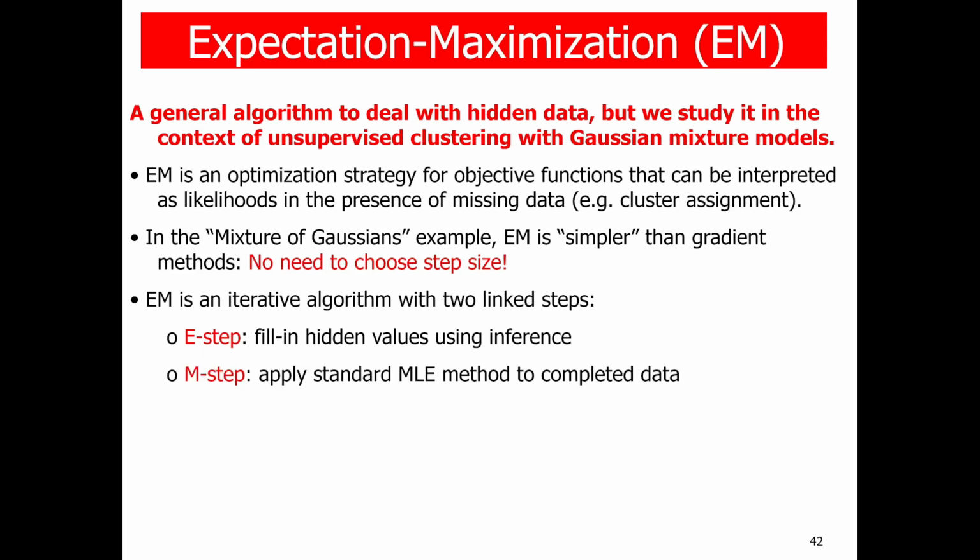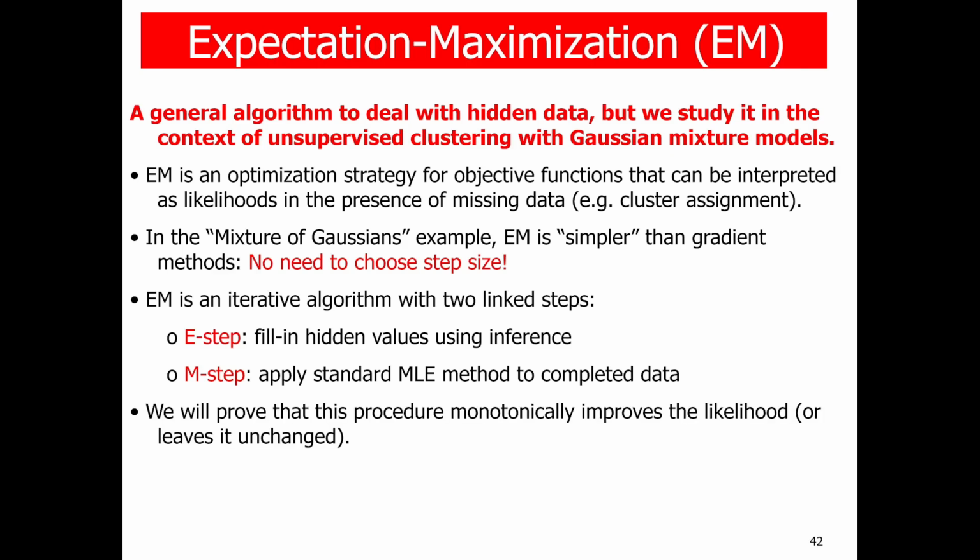And there's an M step where we apply standard maximum likelihood method to the completed data, that is, to the joint distribution of y and x given the parameters theta. We will prove that this procedure monotonically improves the likelihood function, or in worst case, it leaves it unchanged if, for example, it's already converged.